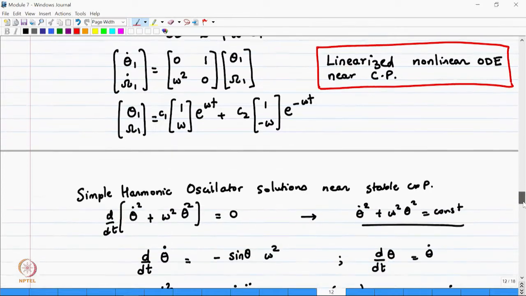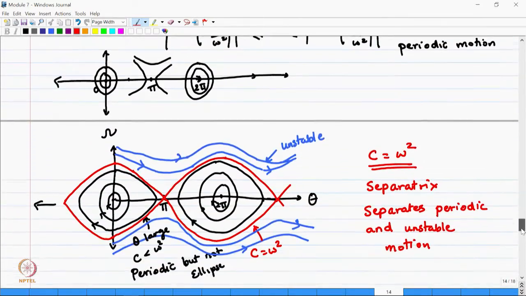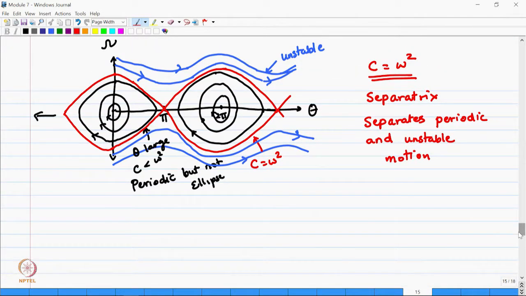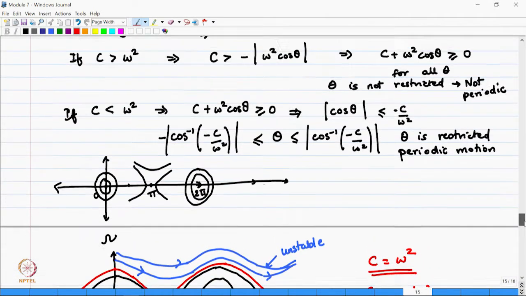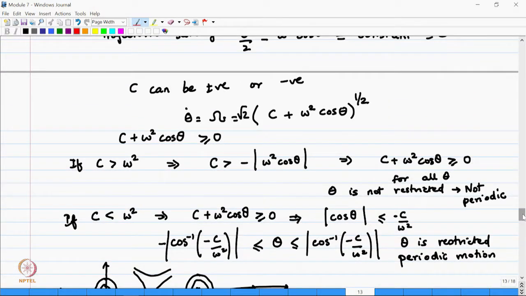Now the other point I wanted to make was regarding this separatrix. In the separatrix you have C equal to omega square. So you can ask the question, what is the equation of the separatrix? You go back to our original equation: omega equal to square root of 2c plus omega square cos square theta.